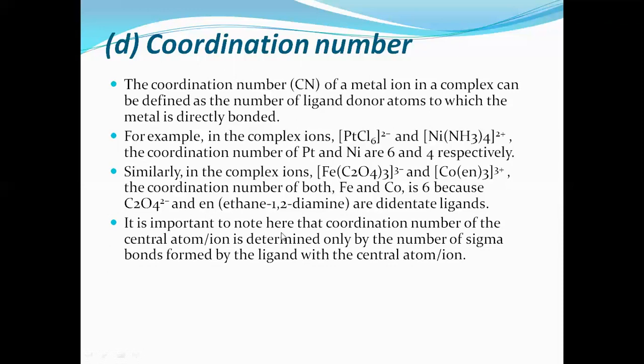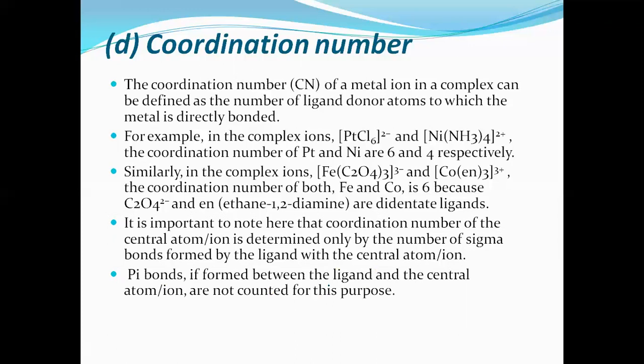It is important to note here that the coordination number of the central metal atom is determined only by the sigma bonds, not the pi bonds. If 5 bonds are formed, then those 5 bonds cannot all be considered for coordination number.